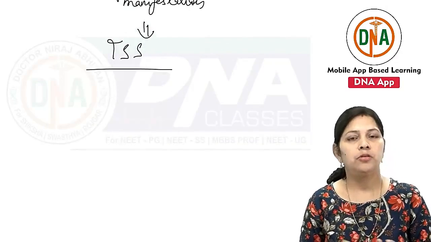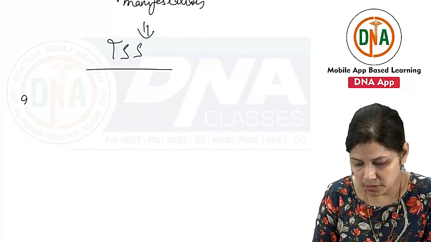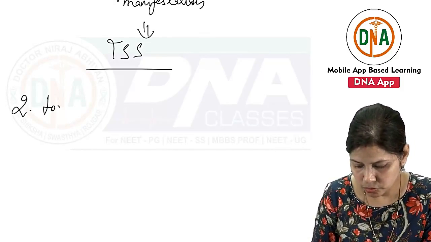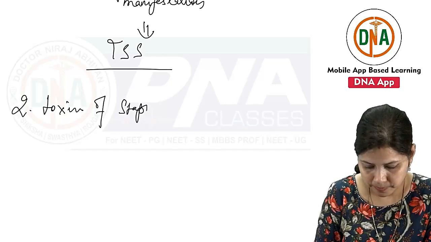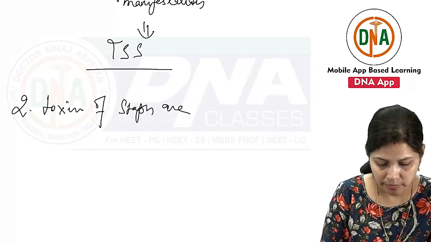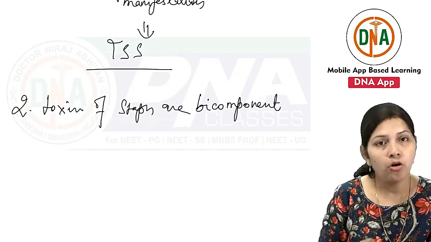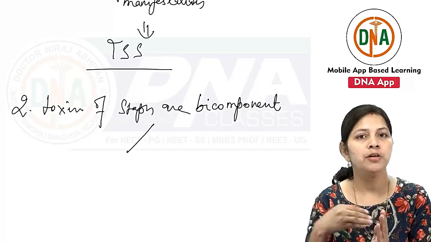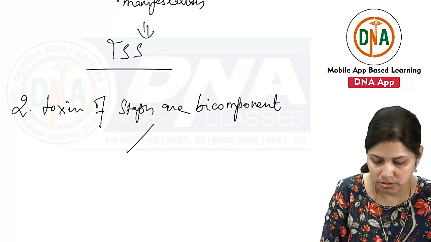So now when we are talking of toxins, it is very important to know two important points here. Two toxins of staph are made up of two components, that is, bicomponent toxins. Because the synergistic activity of these two toxins is required for their action, they are known as synergohymenotropic toxins.